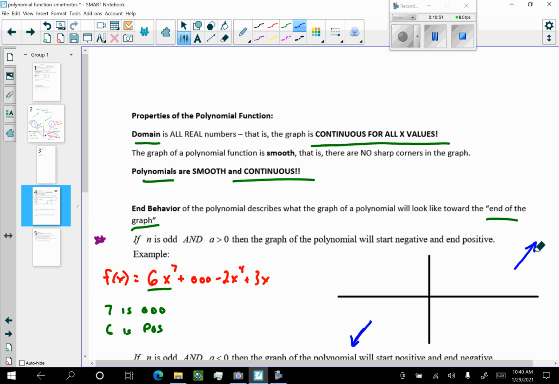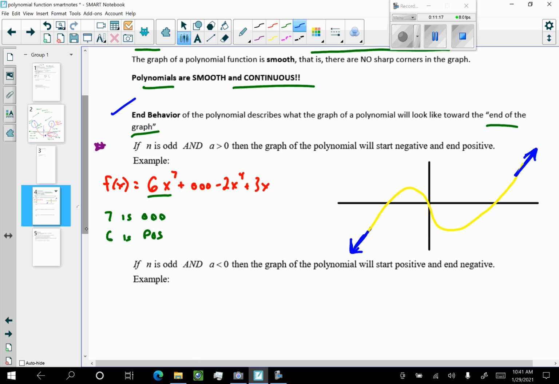I could do whatever I want on the inside, but all I'm concerned about is the blue, what's happening at the ends of the graph. We'll make some determinations about the inside later on down the road, but this is just about the end behaviors.